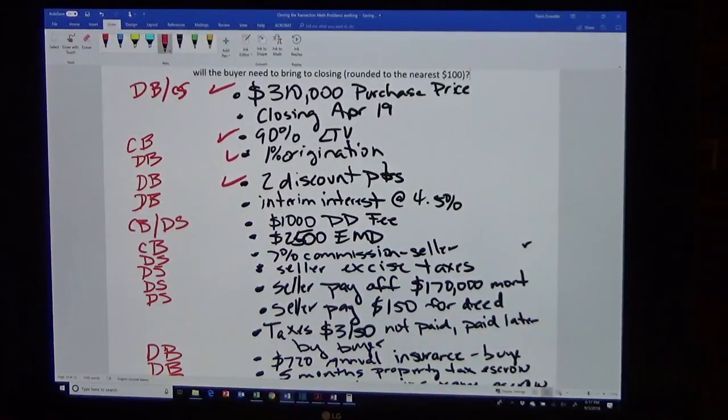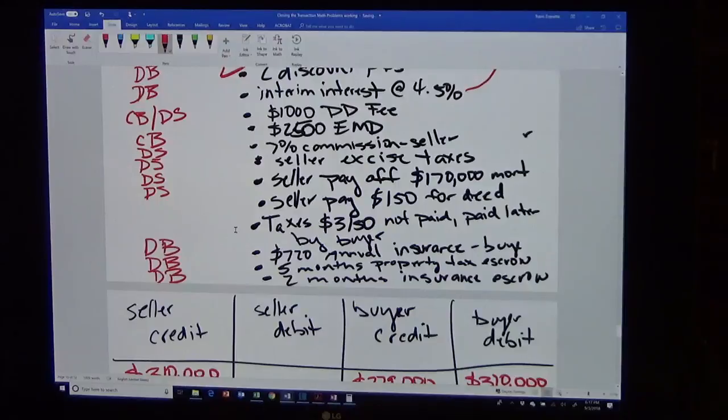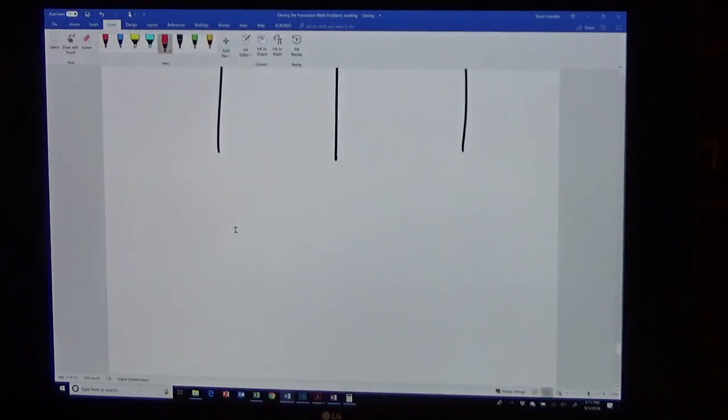Interim interest at 4.5%. Well, interim interest is always from the day of closing until the end of the month. So that's going to be from April 19th through April 30th. Okay? Alright, so let's scroll down, get our workspace here.